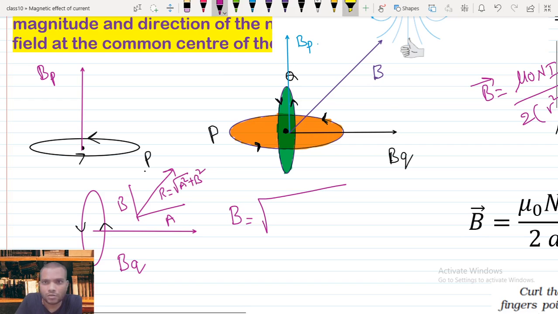This is the rule we use to find the resultant vector by the triangle law of vector addition. Using the same here, the resultant magnetic field B equals the square root of the magnitude of the magnetic field due to Q, whole square, plus the magnitude of the magnetic field due to P, whole square.